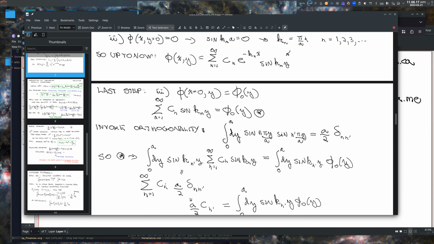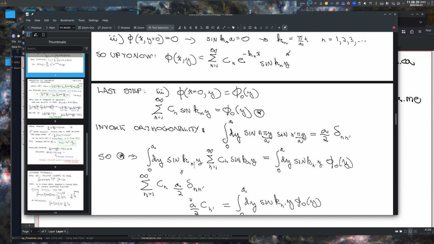Because I am dealing with these orthogonal functions, this picks out only one non-zero term, the one where in the summation over n, the index happens to coincide with my chosen n prime.